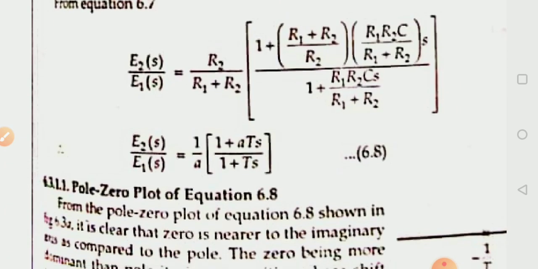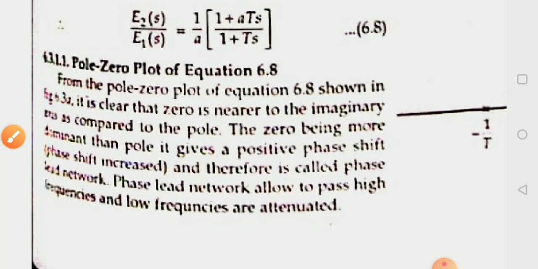When we denote it by these values, we get the Laplace transform of output upon Laplace transform of input as 1 over A into (1 plus A T s) over (1 plus T s). Here A we can also replace by alpha, whatever you want to replace.